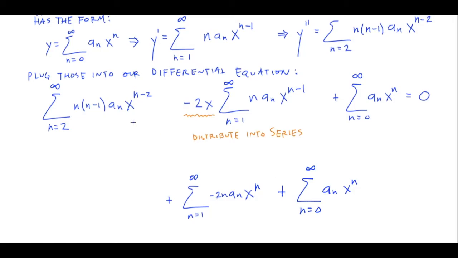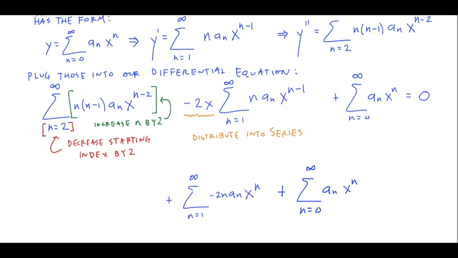On my first series, though, I need to increase the value of n by 2 so that this term will be x to the n. As we saw in previous sections, I can make this sort of modification, but there are repercussions throughout the entire series. Specifically, if I want to increase the value of n within the series representation, that will imply that the beginning index must decrease by 2.